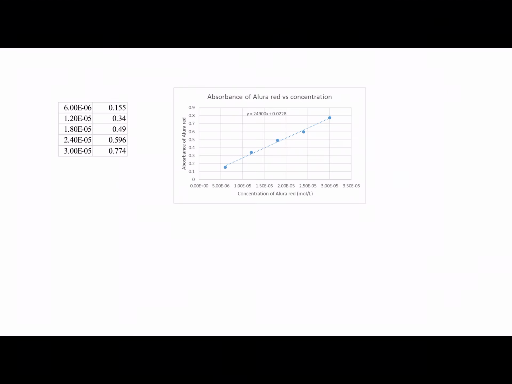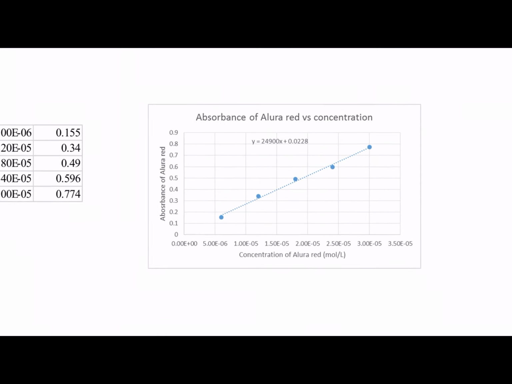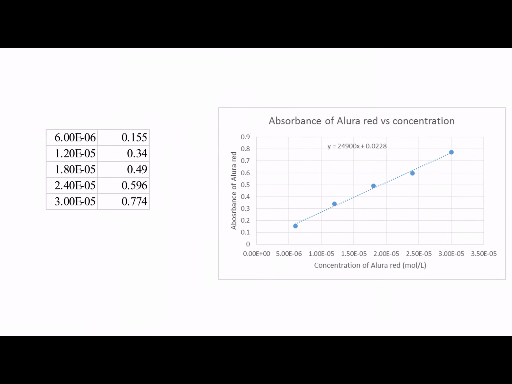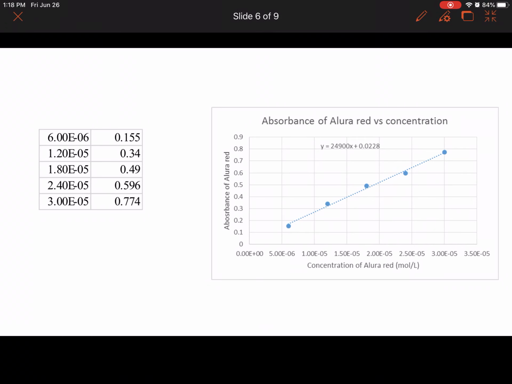Now, this is the calibration curve that you will be getting if you plot the x-axis versus y-axis, which is the concentration and absorbance. So this x-axis is going to be your concentration, y going to be the absorbance. Okay, and when you are inputting the data into the Excel, make sure that you put it in the proper format.